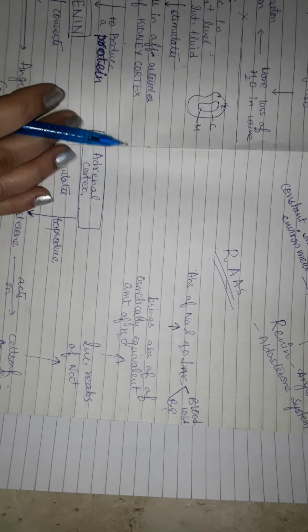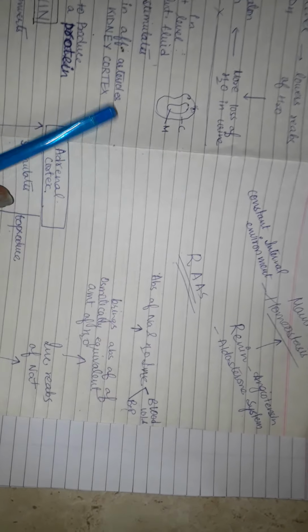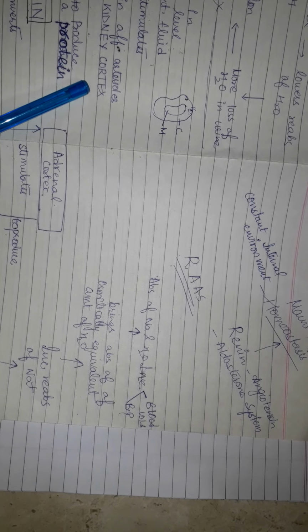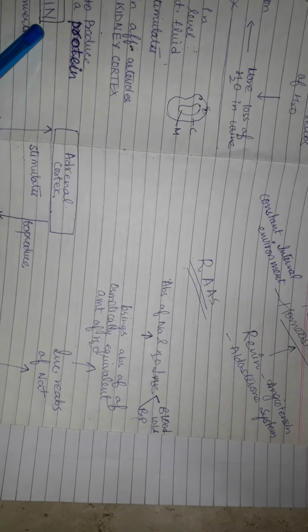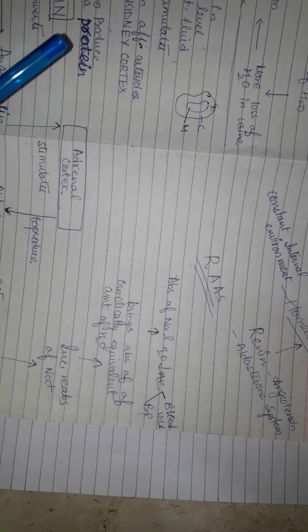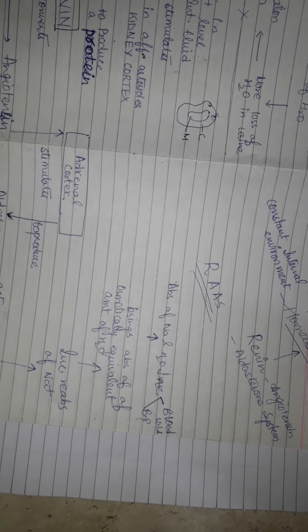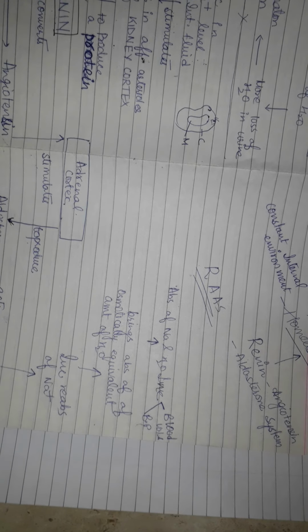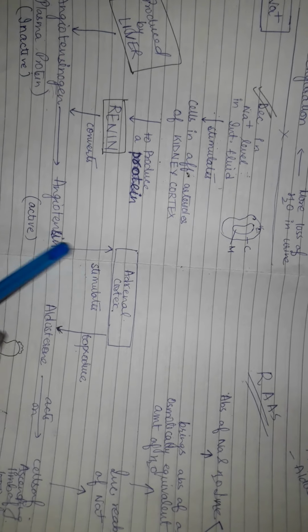Let us repeat. Decrease in the sodium ion level in the body fluid, it stimulates the cells of the kidney cortex and they produce a protein called renin. Renin converts an inactive protein angiotensinogen into active form angiotensin. This protein is produced by liver.